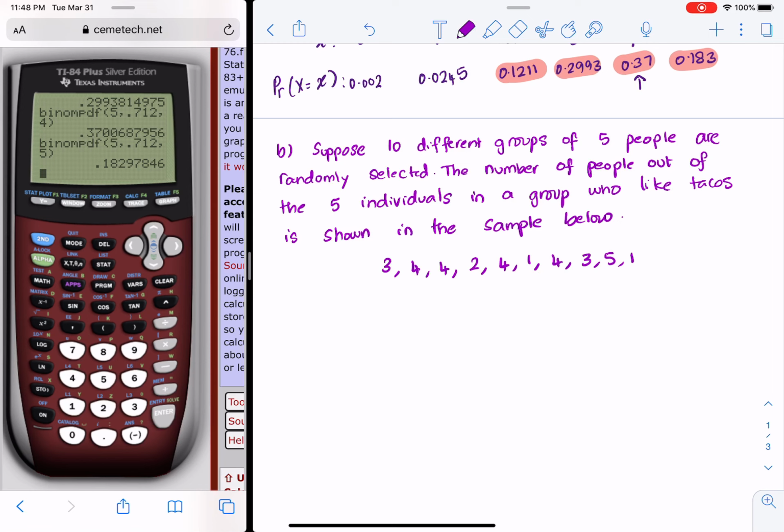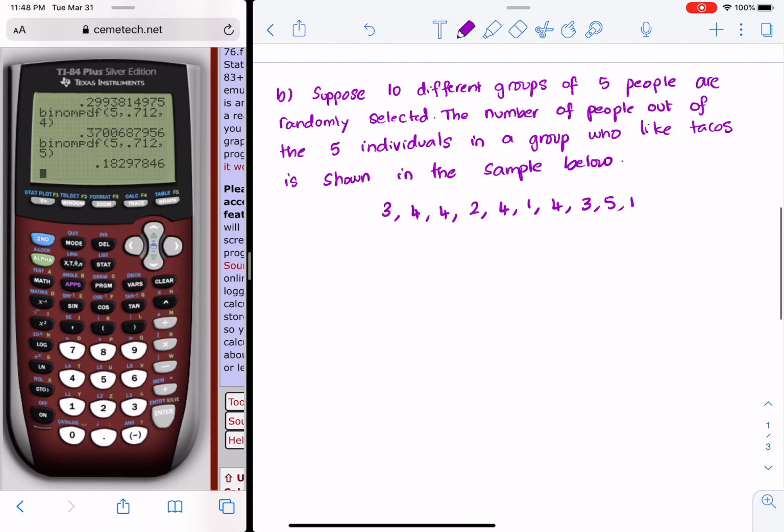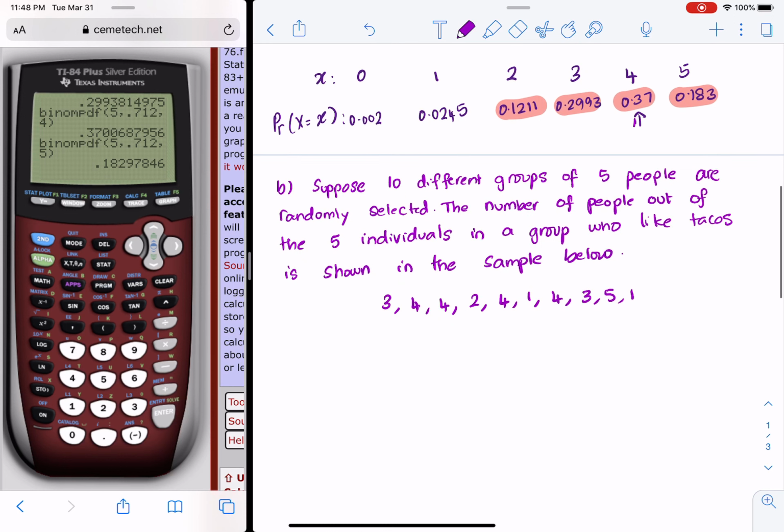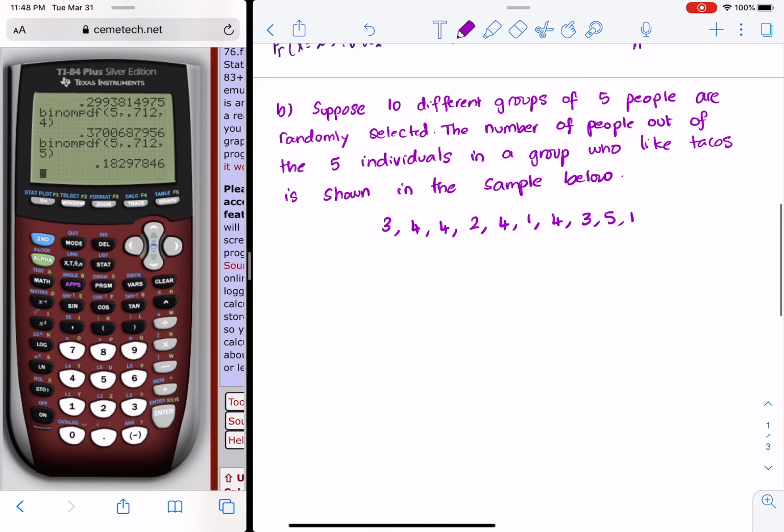So the question here, mind you, I'm creating this sample with that distribution in mind, the one we just found. The most likely one is 4, and the other values 2, 3, 4, and 5 are also possible, but not with the same frequency.